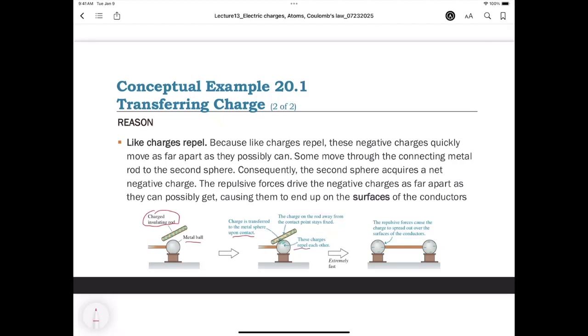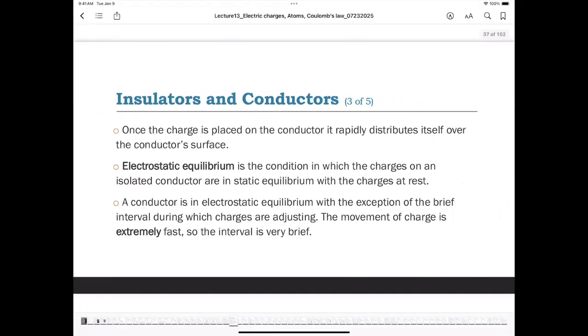These charges repel each other, and the repulsive forces cause the charge to spill out over the surface of the conductor. This is extremely fast. Once the charge is placed on the conductor, it rapidly distributes itself over the conductor's surface.